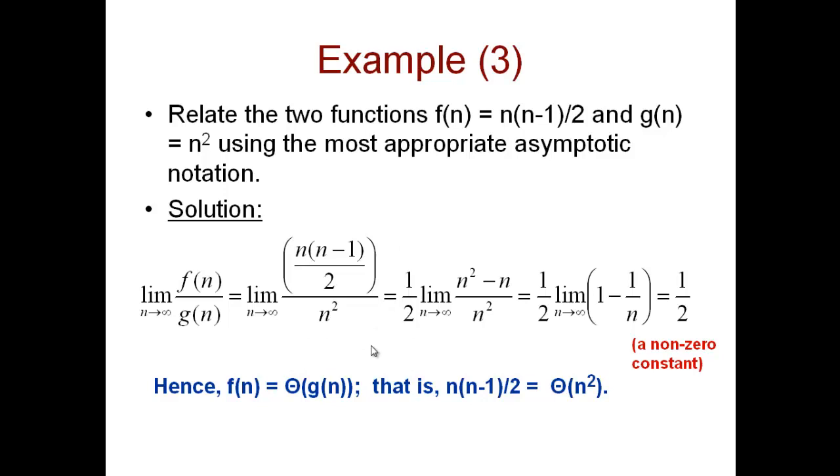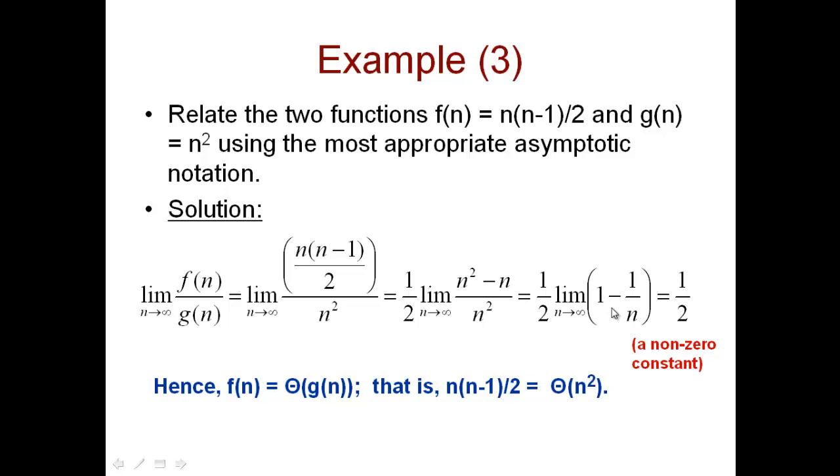This is limit n tends to infinity, and then the numerator will simply have n times n minus 1, which is n squared minus n, divided by n squared in the denominator. Now the n square can cancel, n over n square is 1 over n. So this is half times limit n tends to infinity 1 minus 1 over n, so still we have not applied the limit.